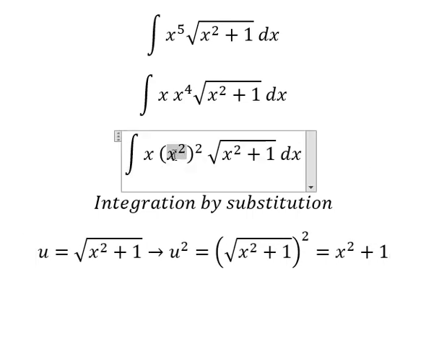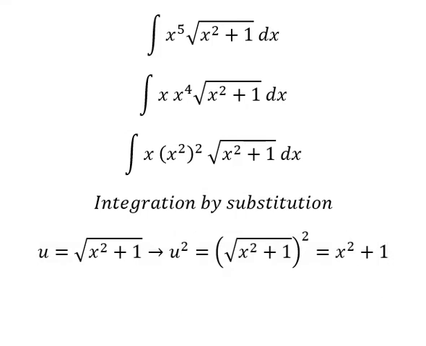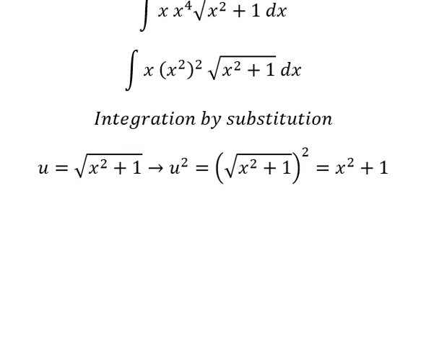Because we have x squared in here, I will move number 1 to the left, and we have like this. Next, we need to first take the derivative of both sides.